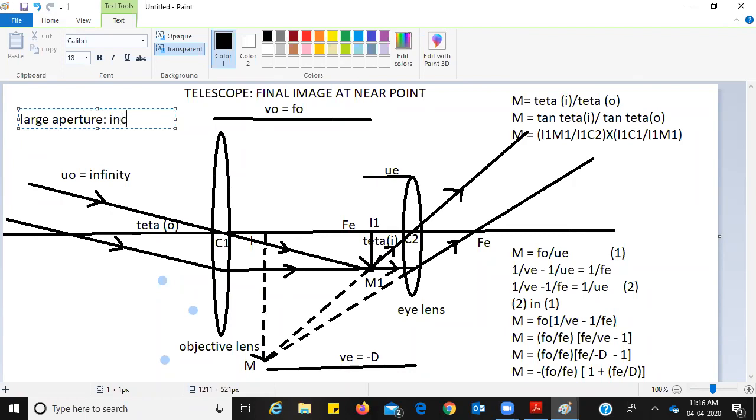Large aperture helps to increase the resolving power. Resolving power basically means clarity of the image, like more pixels in a camera. An image taken with a camera with more pixels will be much clearer compared to a camera with fewer pixels.